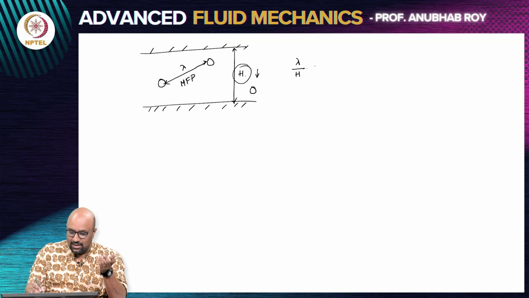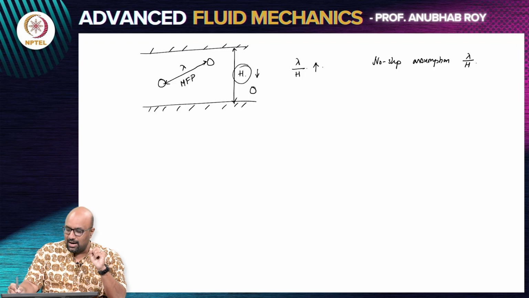So effectively, when this quantity lambda by h becomes larger, your assumption of no slip is becoming a little dubious. So the no slip assumption is a very good assumption in the limit of lambda by h going to 0. And this quantity lambda by h is known as the Knudsen number.